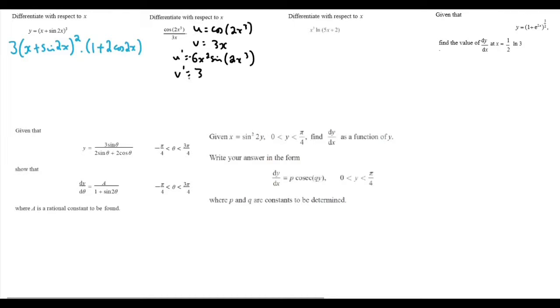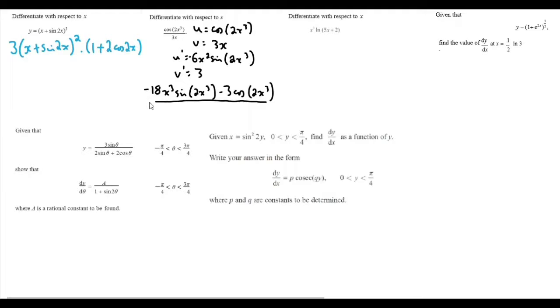So, plugging these into the quotient rule, starting off by u dash times v, so the 3 times the minus 6 is going to be minus 18, x times x squared is x cubed, and sine of 2x cubed. And this has minus from it u v dash, so that's just going to be 3 cos 2x cubed.